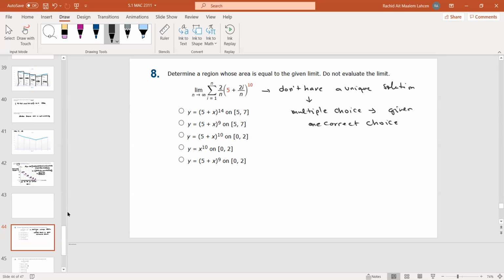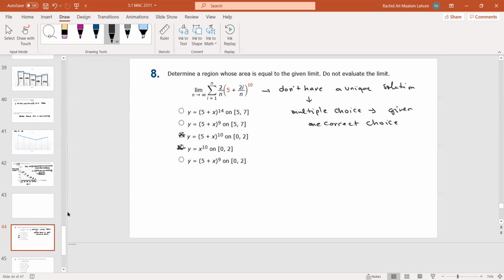But if it's not multiple choice, then there are different answers to it. So looking at this and having it multiple choice, it looks like this one is possible, and this one is possible, because those are the ones that have exponent 10, right? But of course the interval decides, and let's look at it.